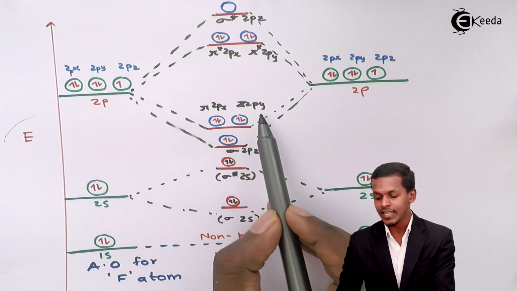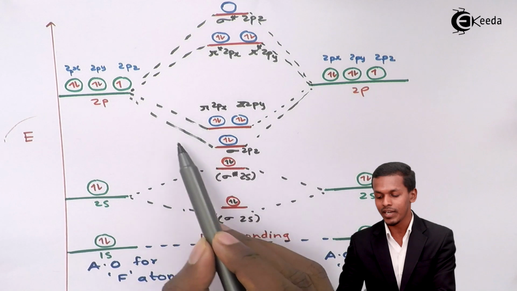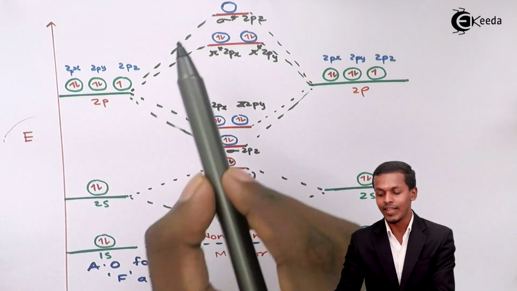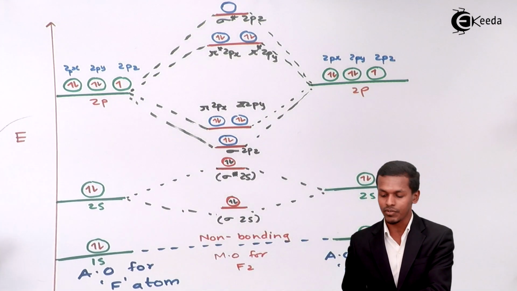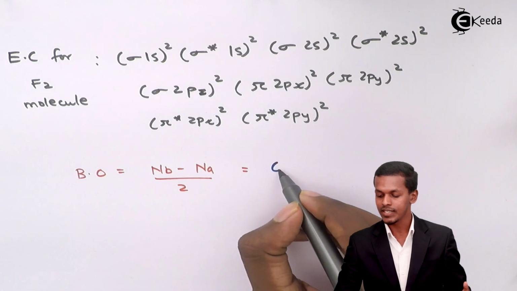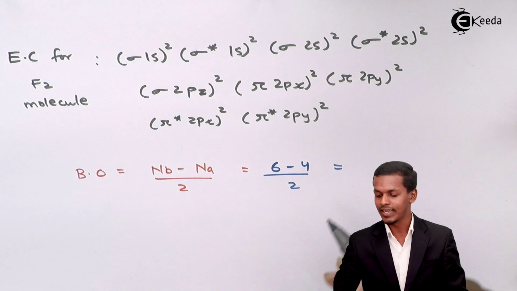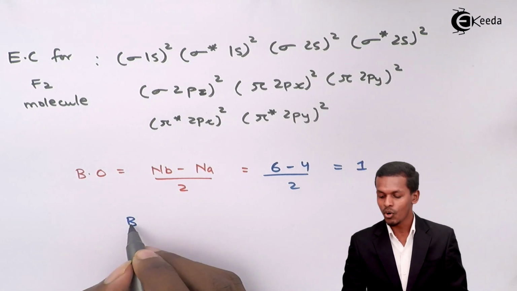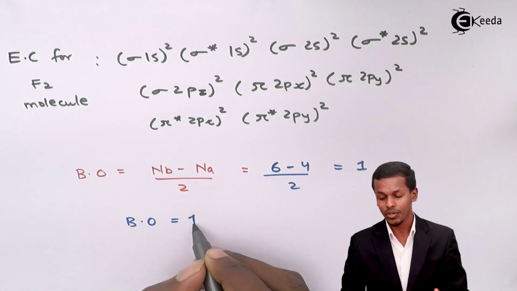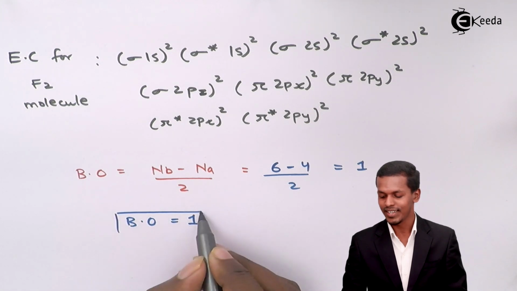In this case, the bonding orbitals consist of 6 electrons, while the anti-bonding orbitals consist of 4 electrons. So I write 6 minus 4 divided by 2. This gives 2 divided by 2, which is nothing but 1. Therefore the bond order for the fluorine molecule is 1.